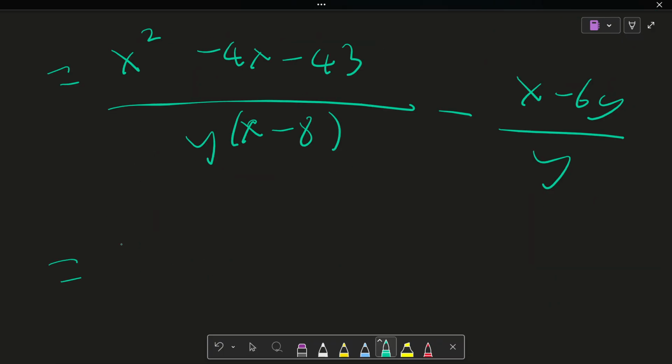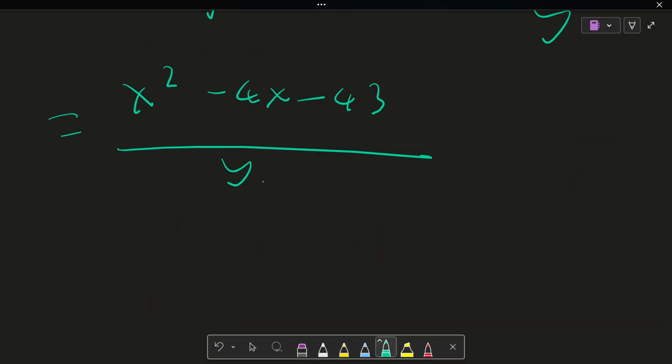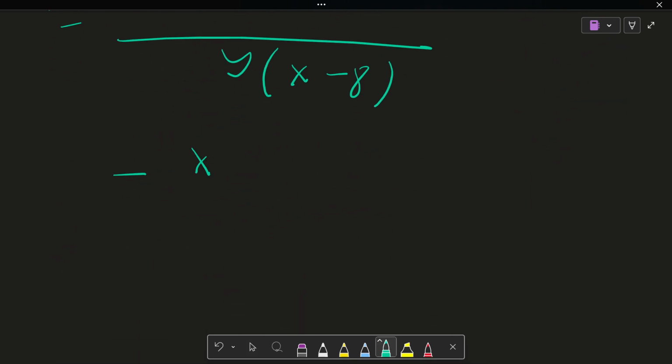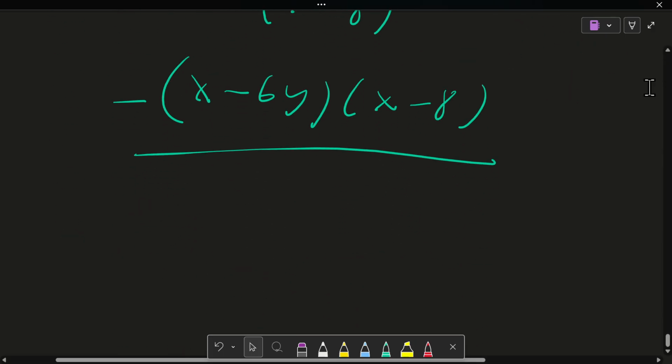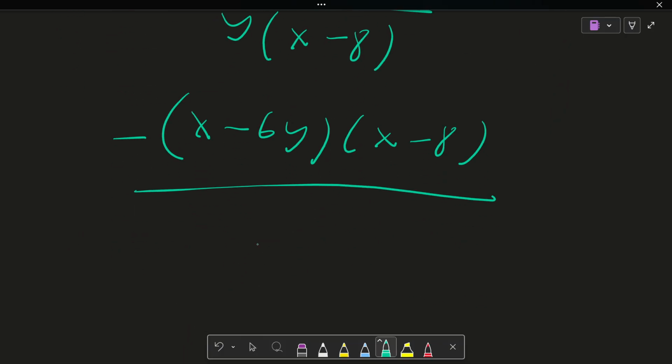This one becomes x squared minus 4x minus 43 over y times x minus 8, minus x minus 6y bracket x minus 8 over y times x minus 8.